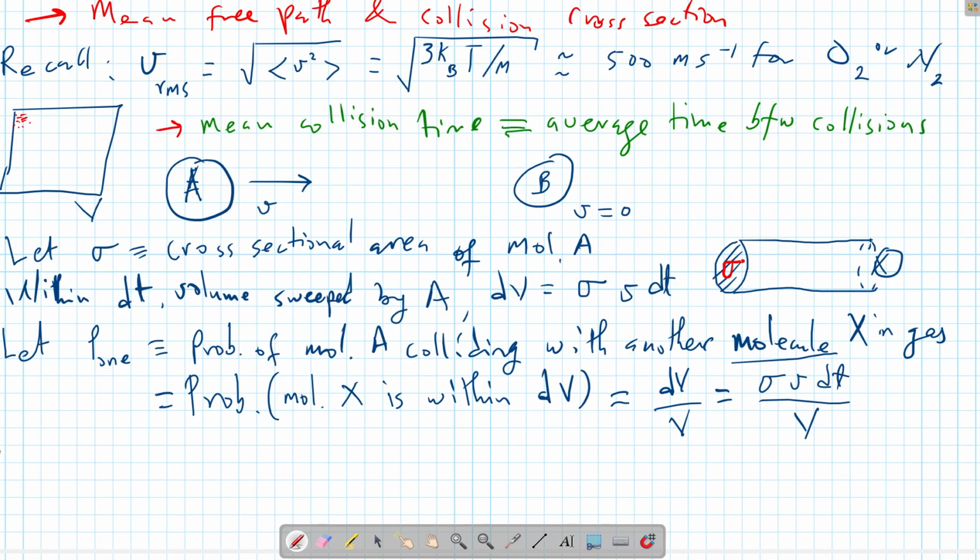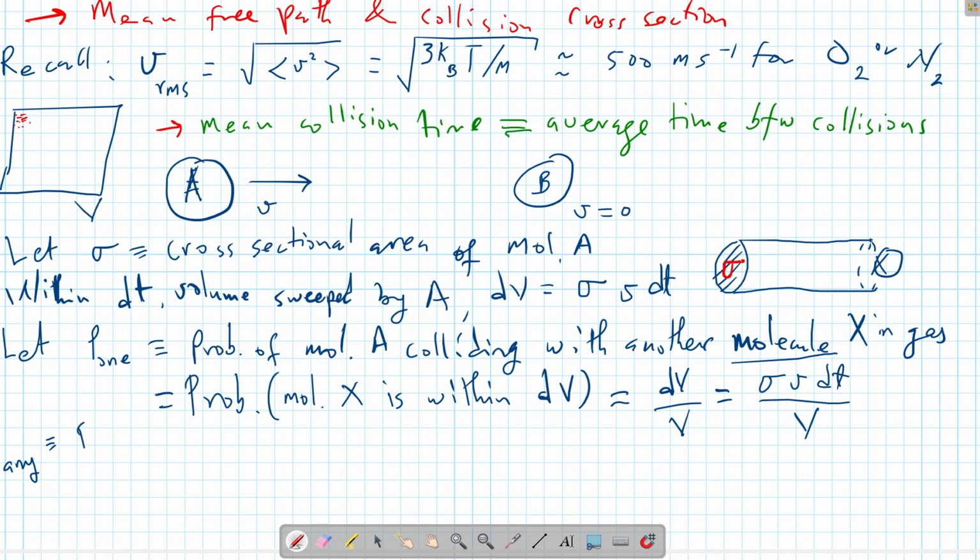Next, we can think of P any to be the probability of molecule A colliding with any of all the other molecules in the container. So this time around we're not considering just one molecule, we're considering all of them.